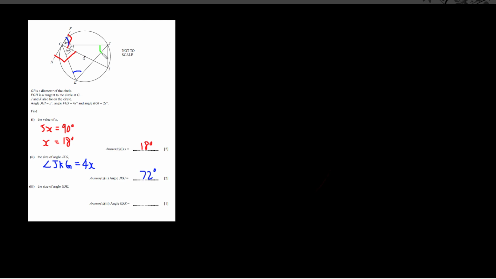Okay, last question, the size of angle GJK. So we're looking for this angle here. Now since we already have the angles in here and here, we know that this is 54, then this is 72 degrees. Finally we can use 180 minus 54 minus 72, you would have gotten 56 degrees.